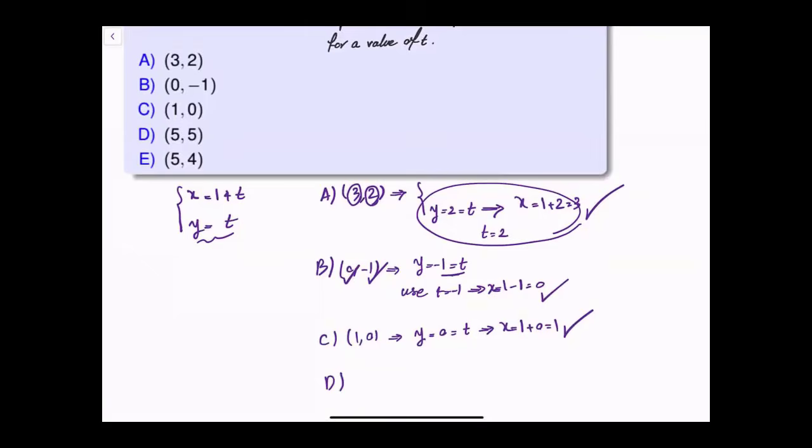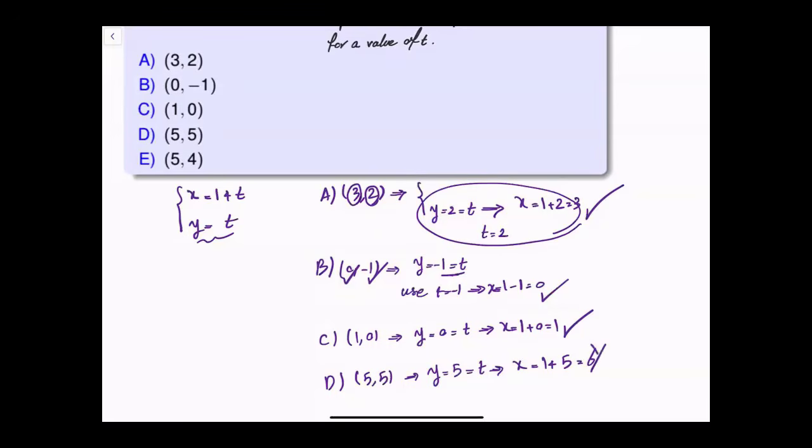How about D, which is 5 and 5? Well, y is equal to 5. That means t is equal to 5. X equals 1 plus t, which is 6, not 5.